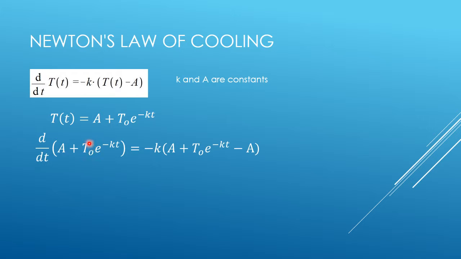Well, T0 is a constant also, basically the initial temperature of the system or object. And that will factor out front, and then I'll take the derivative of the exponential, which is the exponential times the derivative of the exponent, which will just be minus k. And if I do that, I get this system both on left and right, and so this is 0, and the left-hand side is equal to the right-hand side, so this proves that this T here is a solution for Newton's law of cooling.